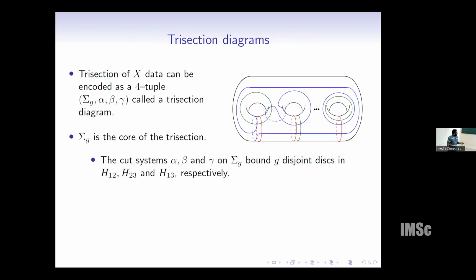Okay, as in Heegaard splitting, we have a Heegaard diagram. Here we have a trisection diagram for the trisections, which is a 4-tuple sigma, alpha, beta, gamma.